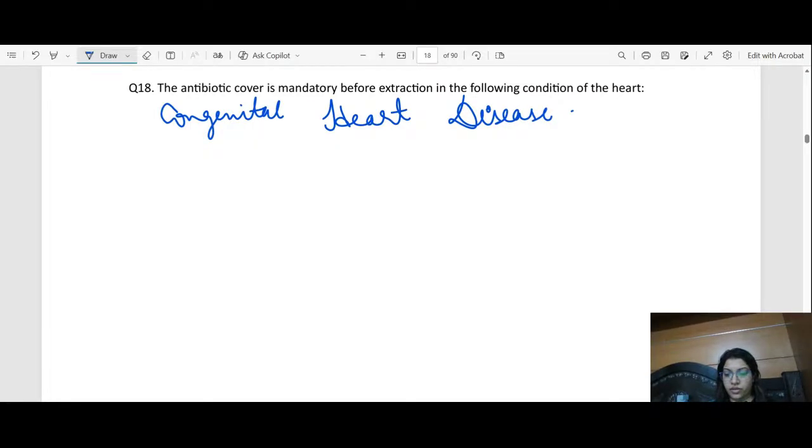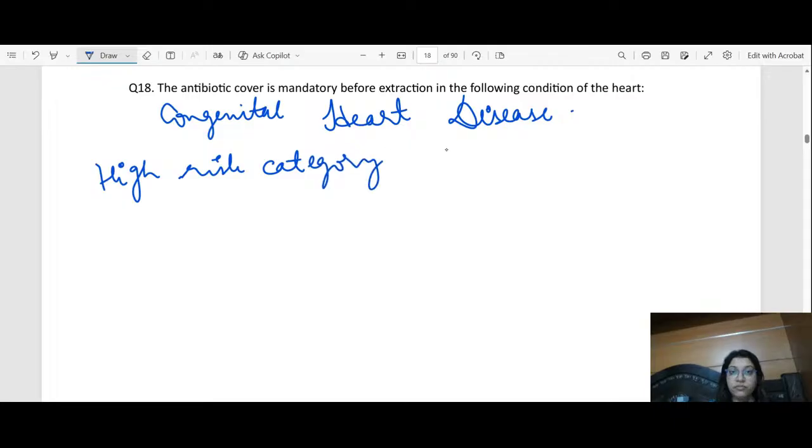Okay, let's write a few important points, which is the high risk category where the prophylaxis is recommended.